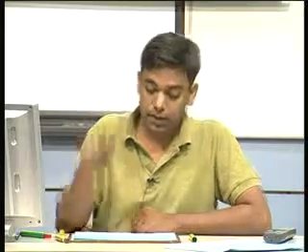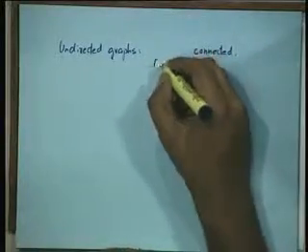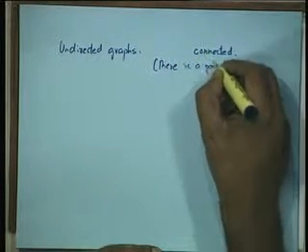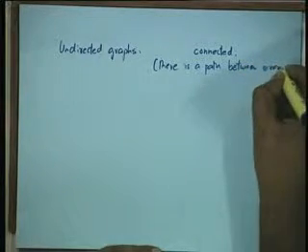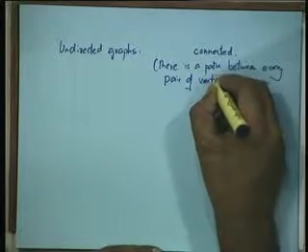When there is a path between every two vertices, right? Then we say that the graph is connected. So, connected means there is a path between every pair of vertices.